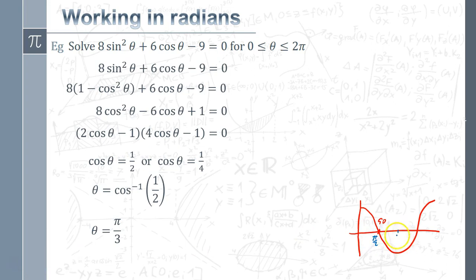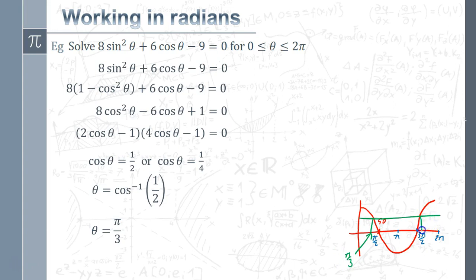That value there, which was 180, that's now pi. That value, that's 270, 3 pi over 2, and over here we've got 2 pi. So what we need to do is work out, we've got pi over 3, so we've got a half, that's there.